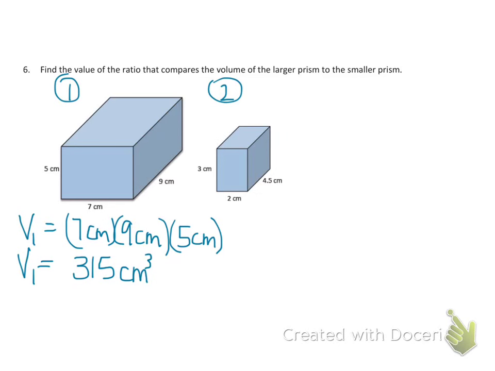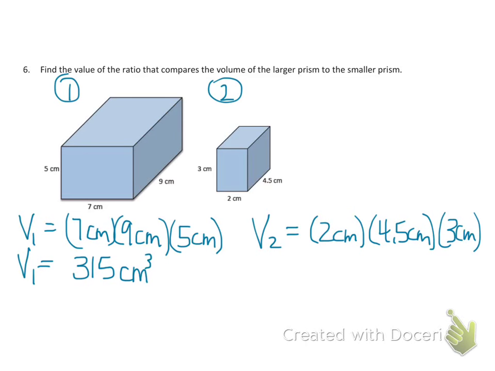So volume 2 would be 2 centimeters times 4.5 times 3. So that volume is equal to 9 times 3, which is 27 centimeters cubed. Okay, so we found the volumes, but we're asked to find the value of the ratio that compares the volume of the larger prism to the smaller prism.